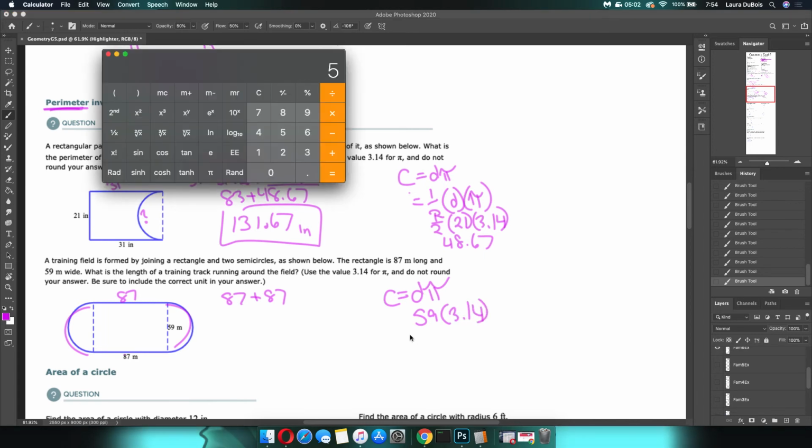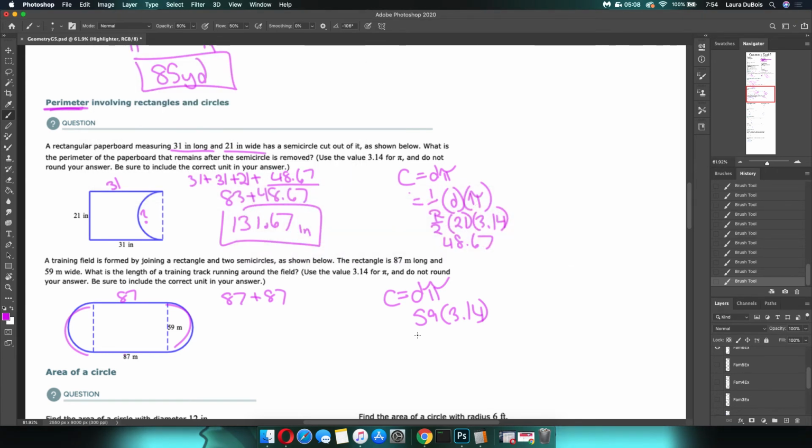What is 59 times 3.14? 185.26. 87 and 87 is 174. So 185.26 plus 174 is 359.26 meters, and that's going to be our final answer.